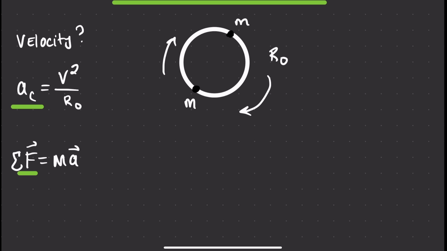The force equals big G times our two masses, over the distance between them squared, which we said is 2r0, because r0 is equal to the radius. And this is the force of gravity.